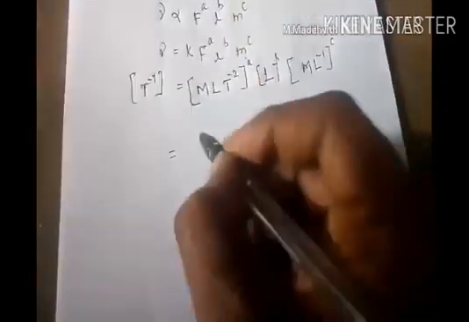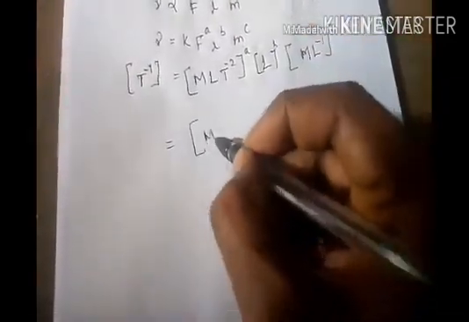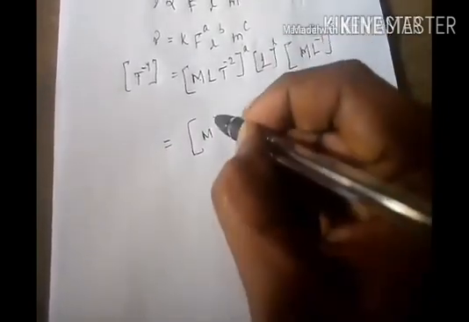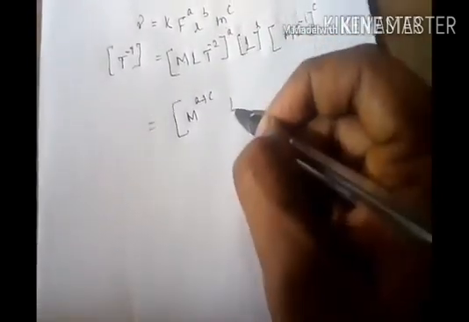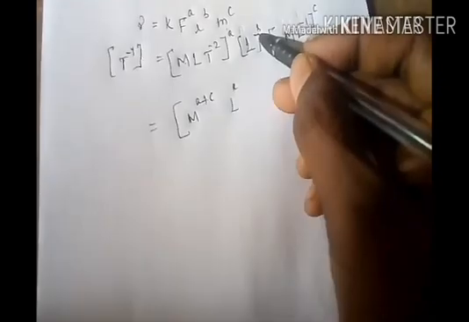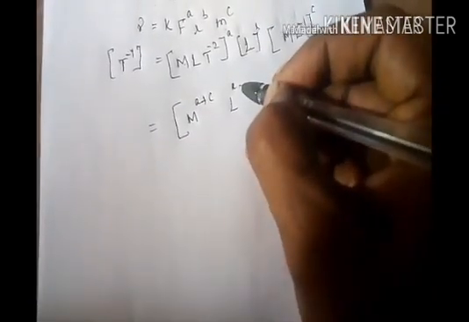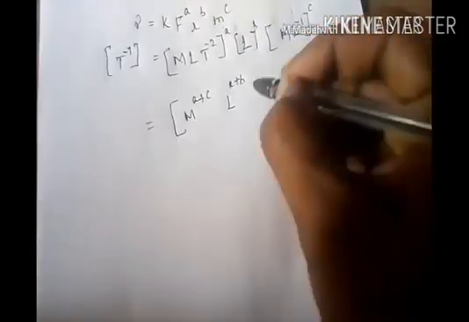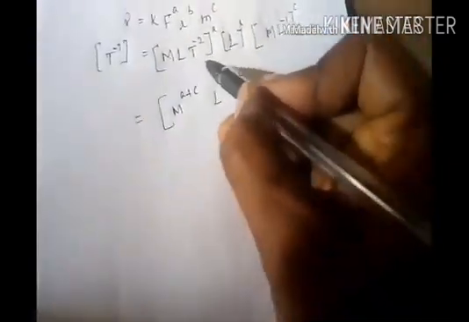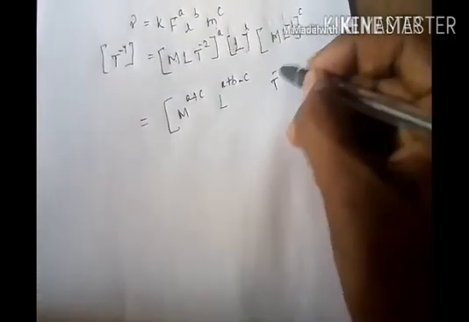Okay, so now here M power a, here M power c, so M power a plus c. The next one is what? L. So here L power a, here L power b, so a plus b, and L power minus c. Okay, next T. Here T power minus 2a.